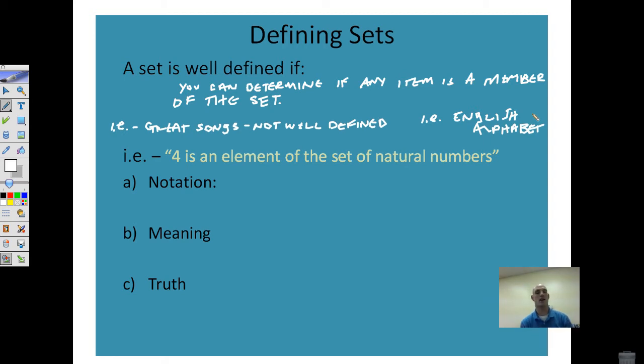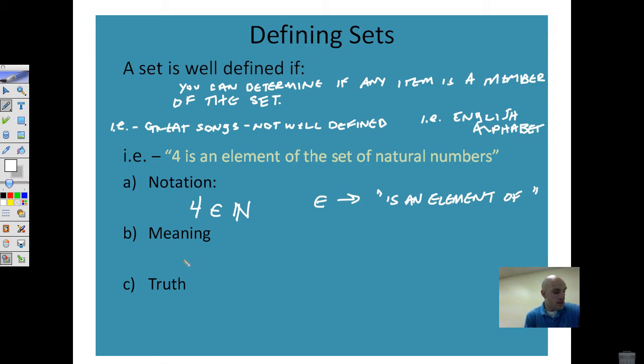When I say something like 4 is an element of the natural numbers, the notation looks like this: 4, then a capital E, but it's small, 4 is an element of N. This symbol means is an element of.